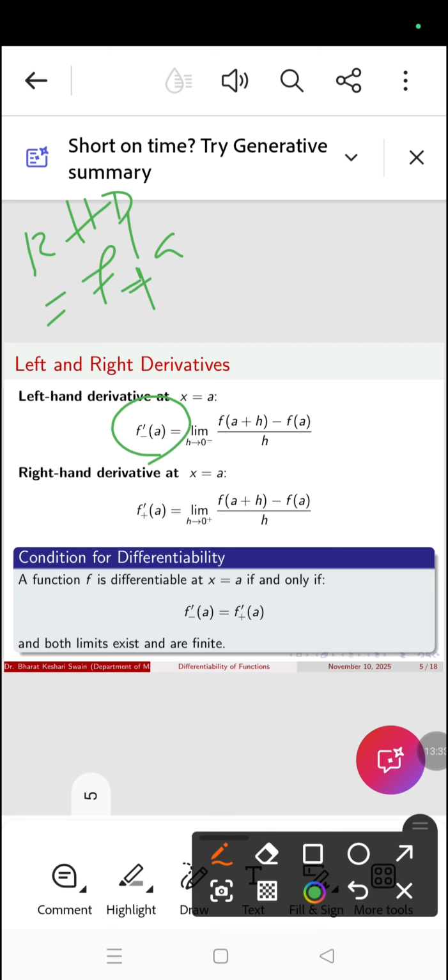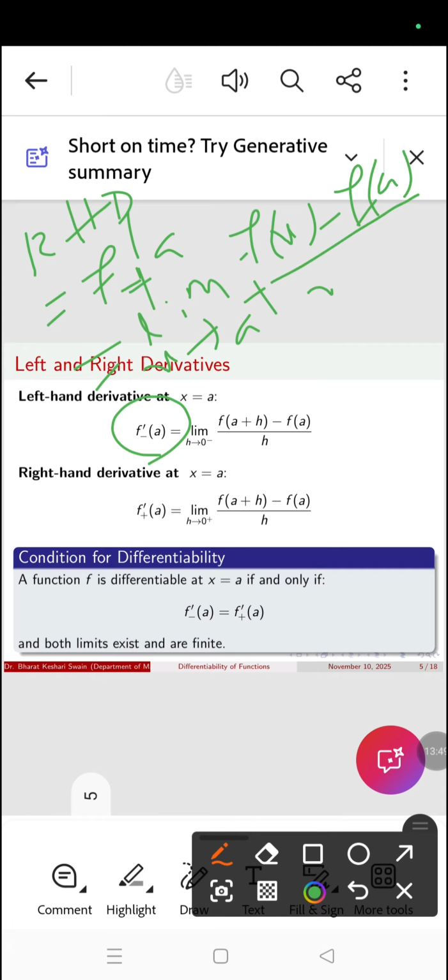What will be the formula? This will be limit x tends to a plus, because it is the right hand derivative a plus, f of x minus f of a divided by x minus a. This is our original formula, and only we take x tends to a plus. Now a plus means a plus h, just greater than a.